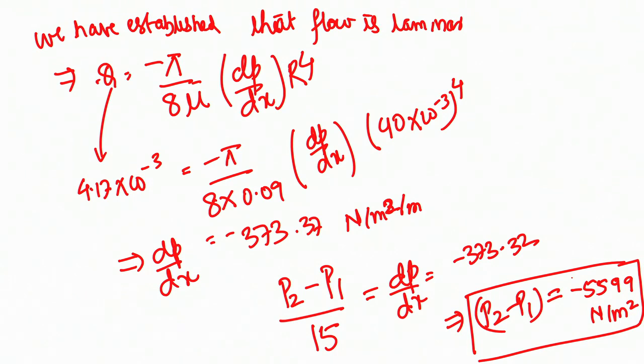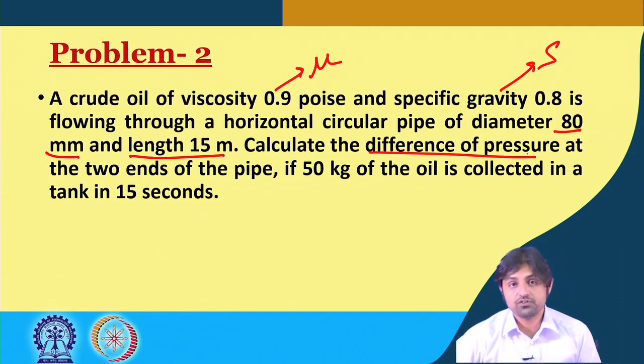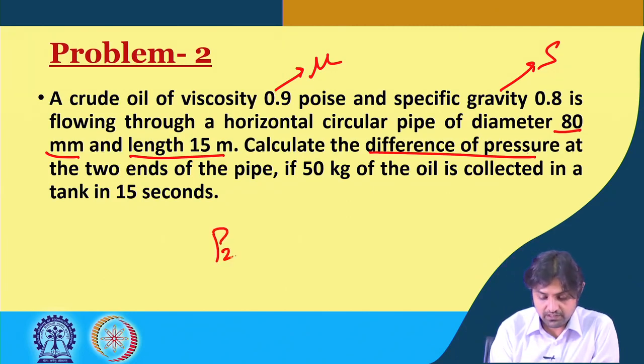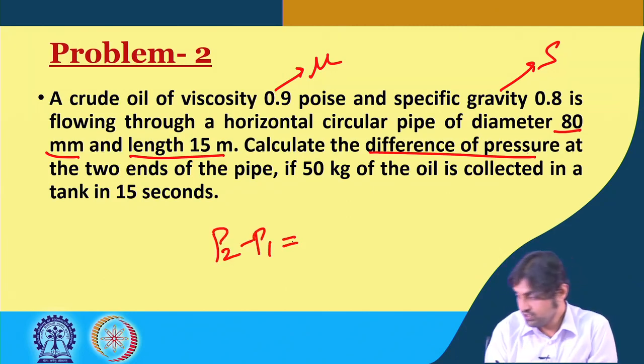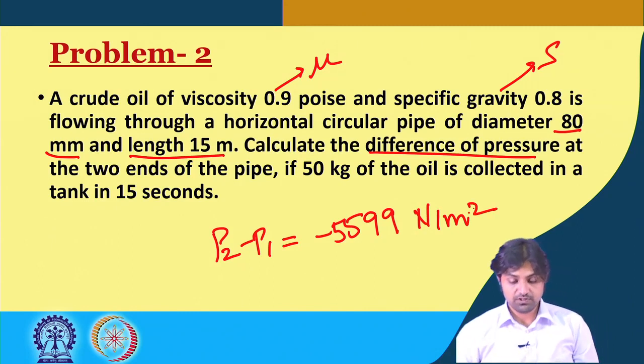So, this is the final calculation. This was the difference of pressure. P2 minus P1 came out to be minus 5599 Newton per meter square.